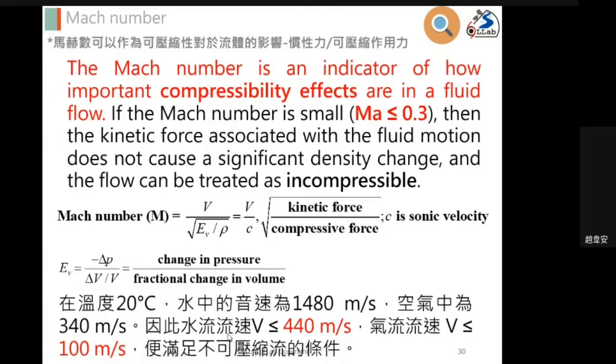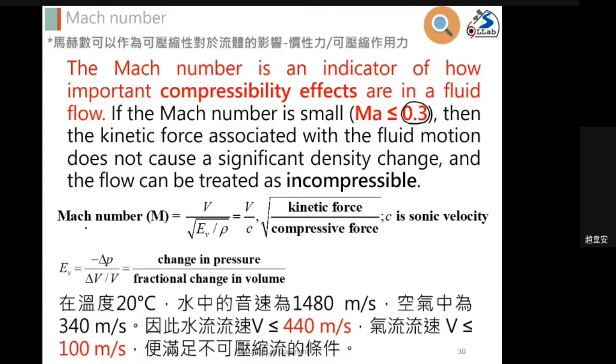And then the Mach number is an indicator of how important compressibility effects are in a fluid flow. A commonly proposed threshold is 0.3. If your Mach number is less than 0.3, that means your problem is not affected by compressibility effects.